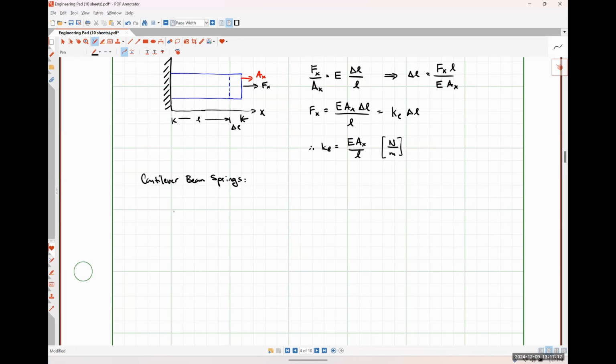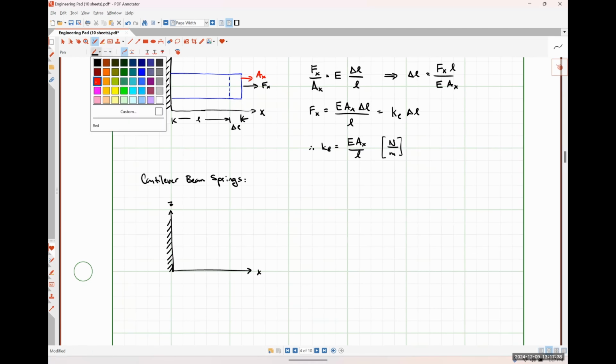A cantilever beam spring is one where we have a beam that is undergoing shearing stress. If this is our Z direction, and once again, I'm going to make the left-hand side an anchor. Here is our X direction.